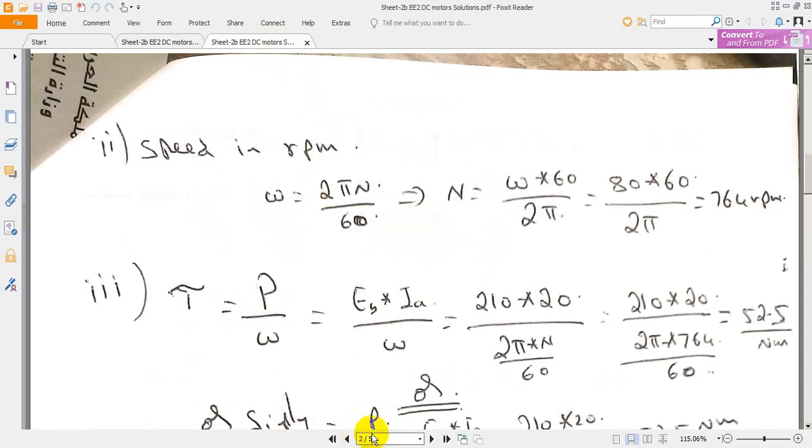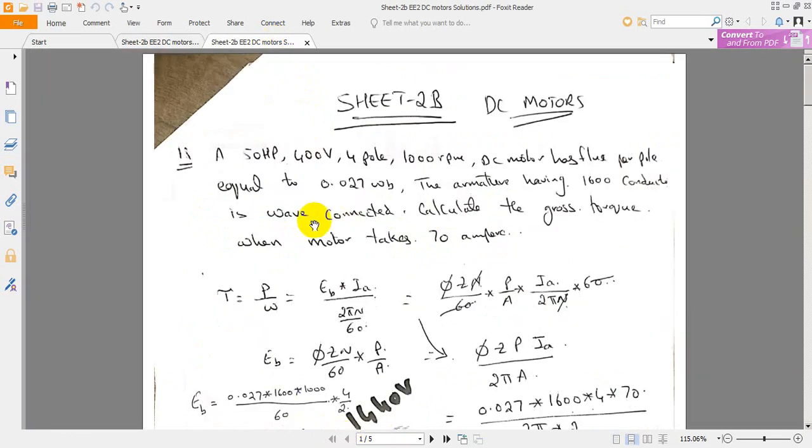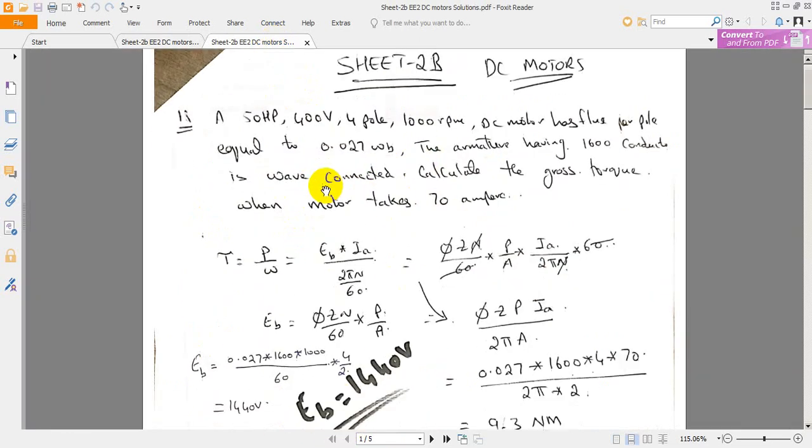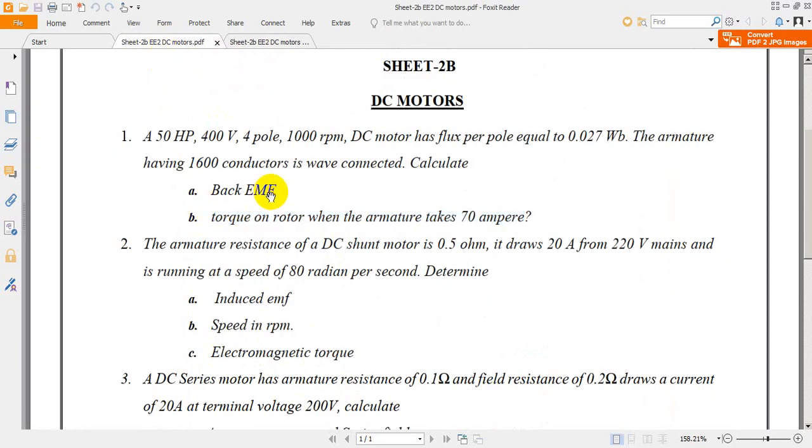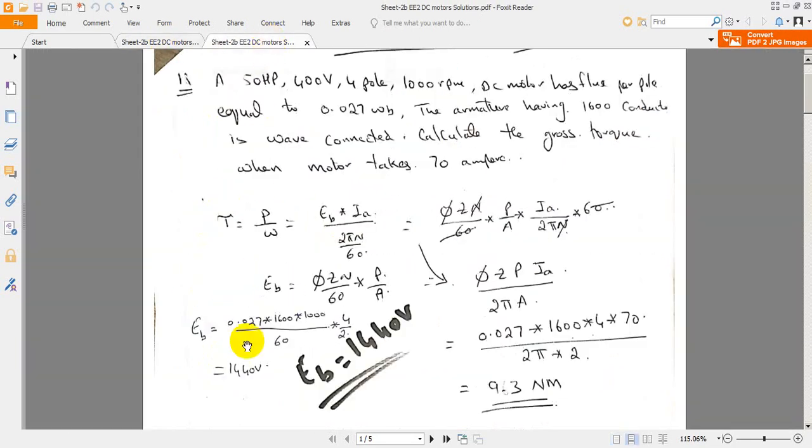To start with, the problem has been read out. The first parameter that we need to calculate is the induced EMF, the back EMF. Back EMF is given by 0.027 into 1600 into 1000 divided by 60 into 4 by 2.